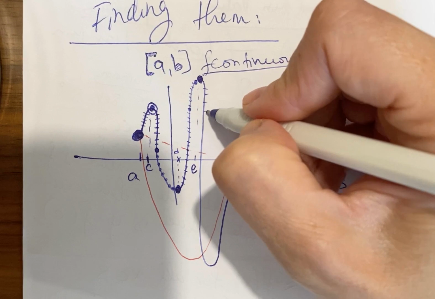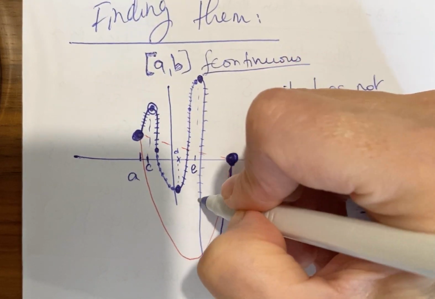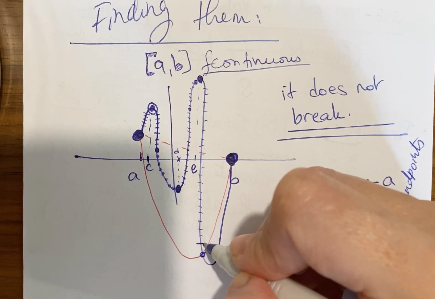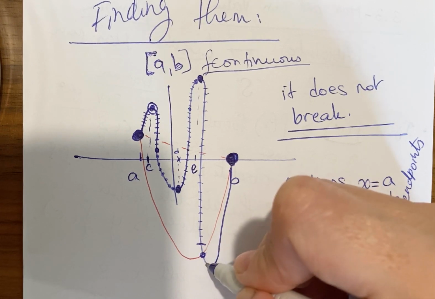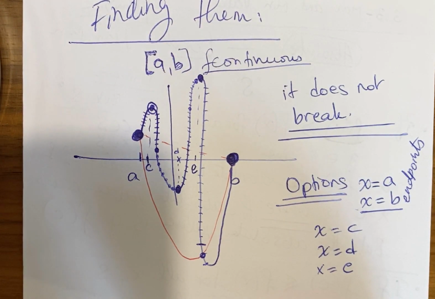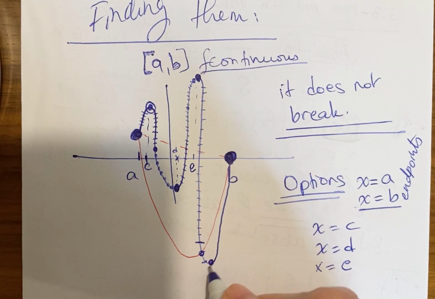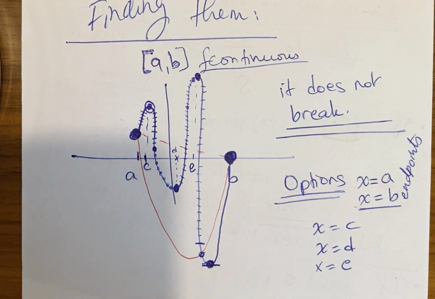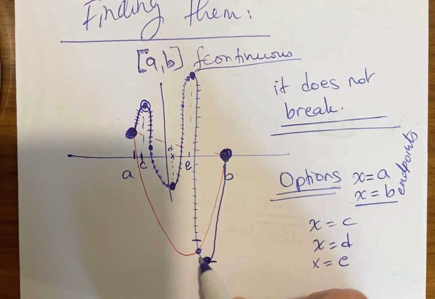Here, all of these do not give me options at all, because if you choose any one of them, you find values above it, which means it's not a max, and below it, which means it's not a min. This one, though, is an option. Why? Because it looks smaller than all around it.